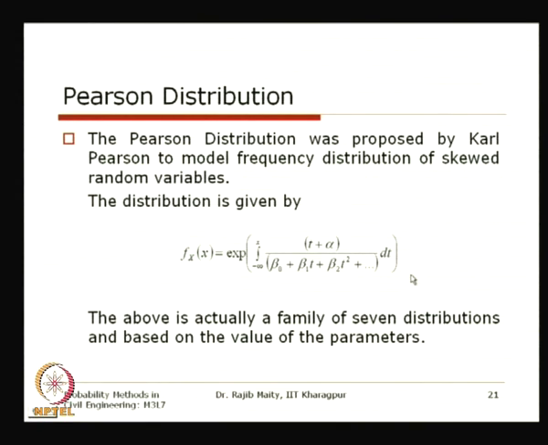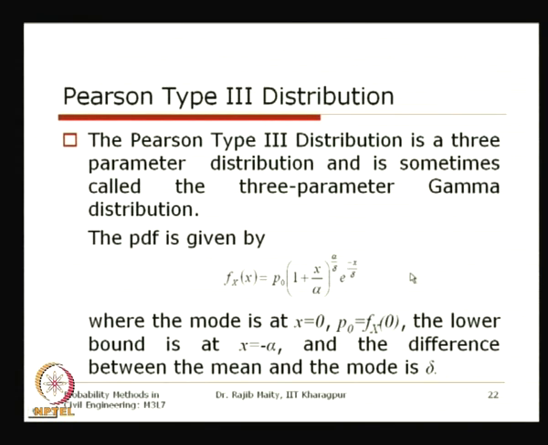This Pearson type 3 distribution takes the form like this, which is a 3 parameter distribution, and sometimes it is also called a 3 parameter gamma distribution.